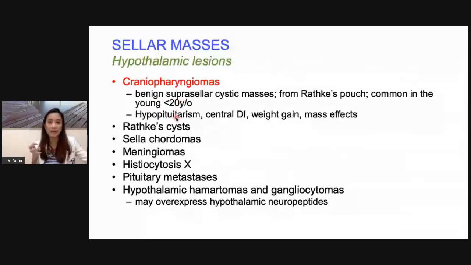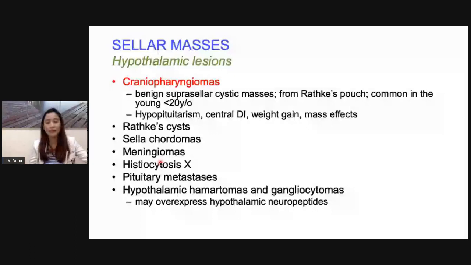Craniopharyngioma is impinging already on your pituitary, and can also cause central diabetes insipidus, which is very common in patients with craniopharyngiomas. If it's very big, they also have hypothalamic dysfunction. These are the other causes of hypothalamic lesions.